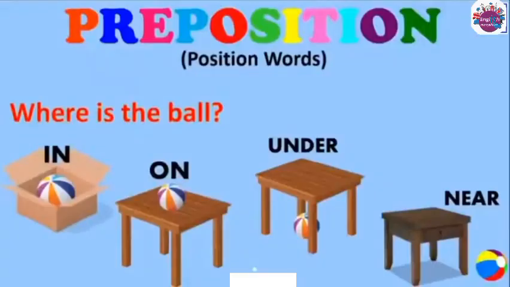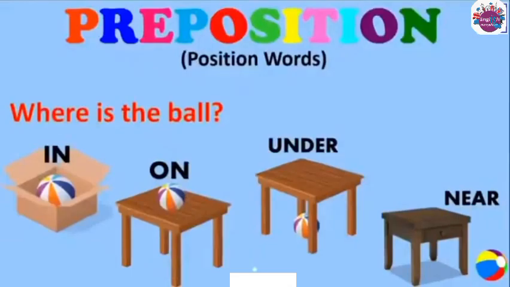Children, how are we able to identify the position of the word? Where is the ball? By seeing the position where the ball lies, we were able to identify the ball is inside a box, the ball is on the table, the ball is under the table, and the ball is near the table.